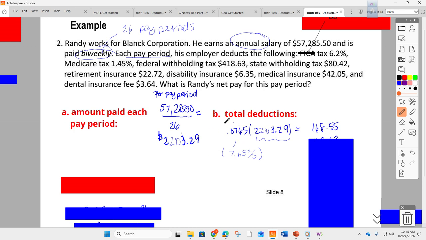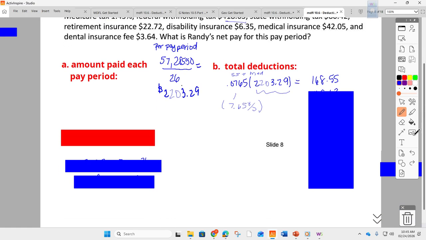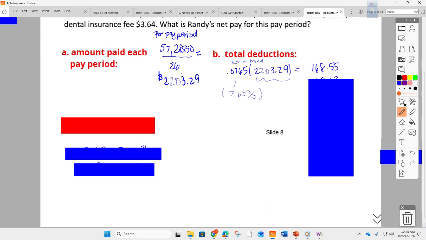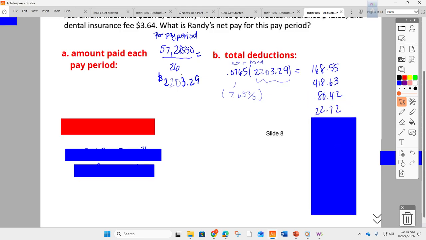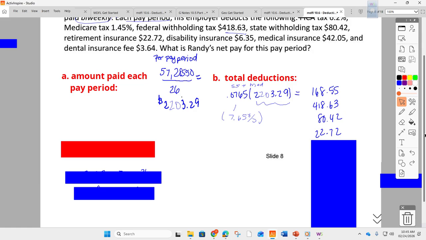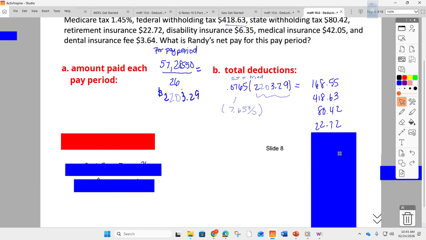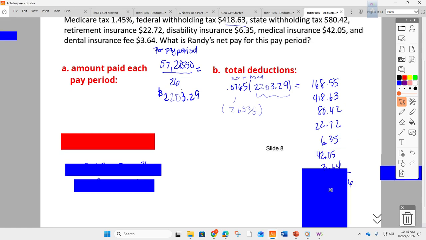So this is his Social Security plus Medicare. And then everything else is just listed. So federal withholding, state withholding, forget what the 2272 is, retirement insurance, disability insurance, medical insurance, and then dental insurance.